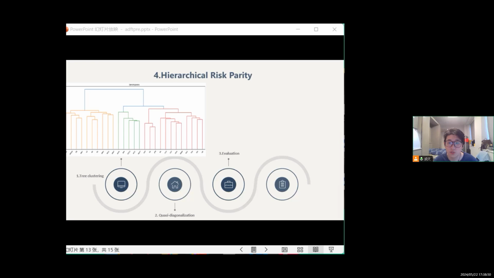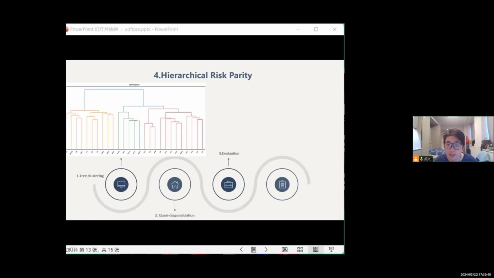To accomplish this task, I firstly classify stocks into different classes or hierarchies based on the correlation between asset returns through the tree clustering. After obtaining the hierarchical clustering structure of the assets, the correlation matrix is rearranged so that the strongly correlated assets are placed together as much as possible to form an approximately block diagonal form.